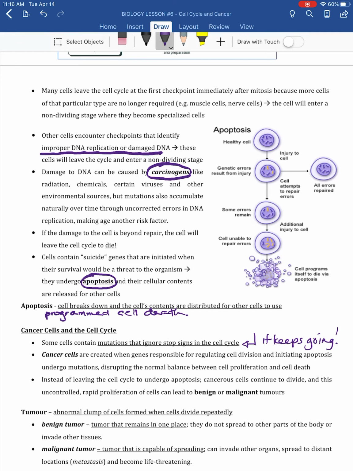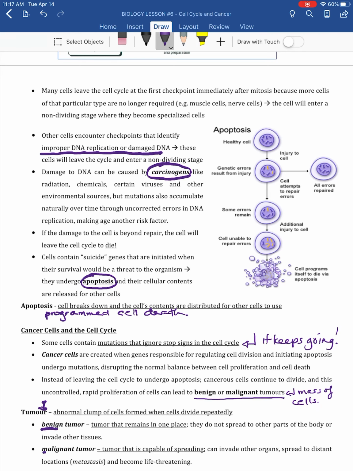We know the word tumor. A tumor is a mass of cells, a bunch of cells that just keep piling on top of each other. And they're allowed to keep growing because the cell cycle keeps going. So that's what a tumor is, an abnormal clump of cells formed when cells divide repeatedly.